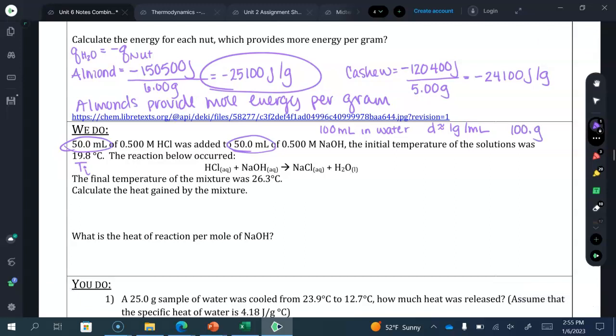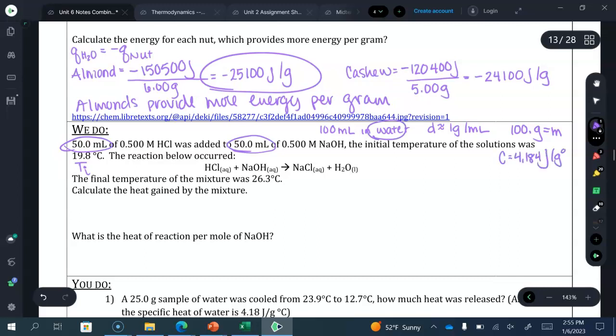So we would use this as our M. And since this is in water, our C has to be 4.184 joules per gram degree Celsius. This is the value for C for water provided to you on your equation sheet.